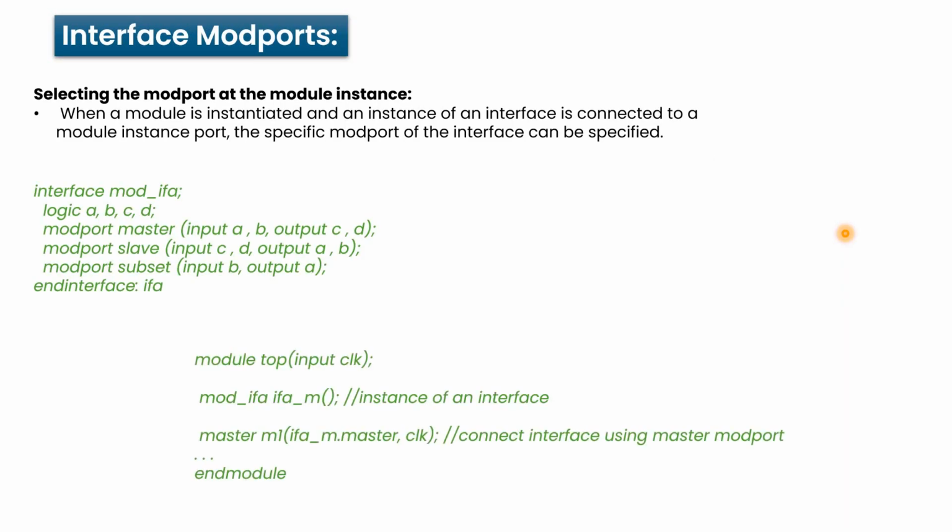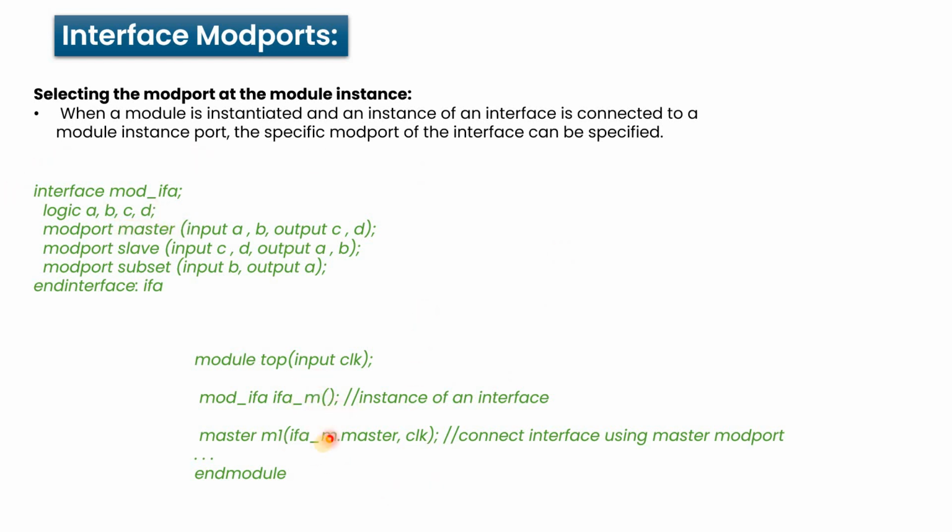So now how can we use these mode ports? Again, here is the same example, and we have our module top. In this top module we are instantiating our master module, the master child module. This top module is our parent module and master is our child module. So we instantiate our interface here, and from this interface we choose the master mode port.